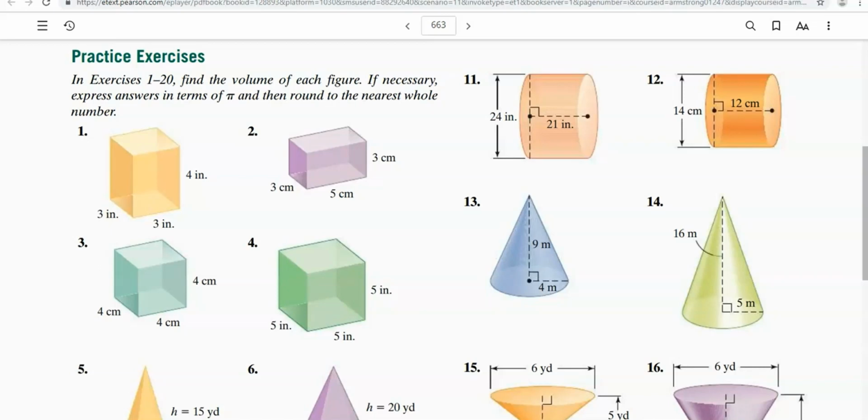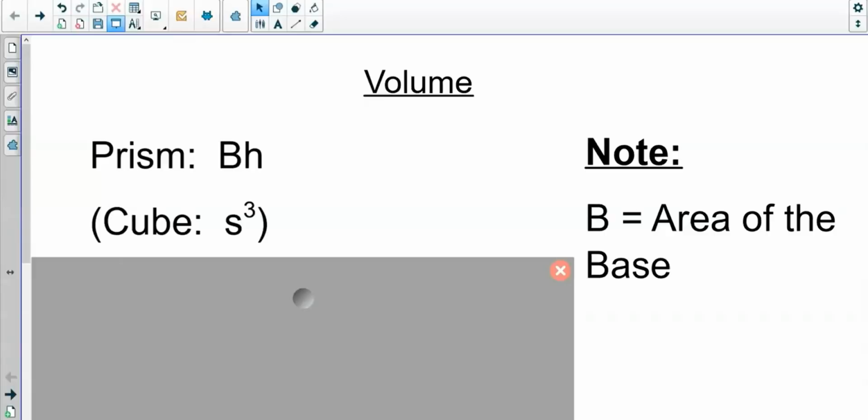That means this thing is a cube. So every face is a square. Okay? So again, if you want to find the volume of a prism, take the base area times the height. If you want to find the volume of a cube, that's S cubed because all side lengths are the same. So just take one of the side lengths and cube it.